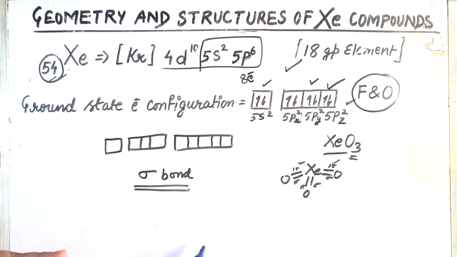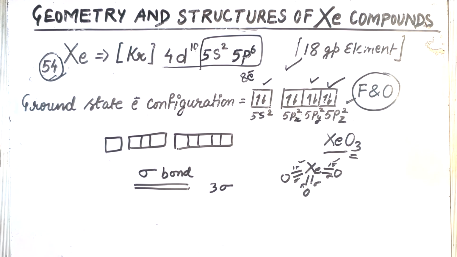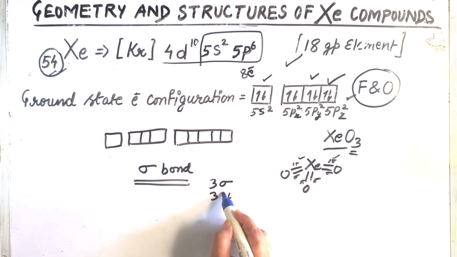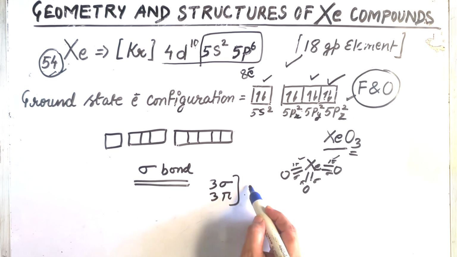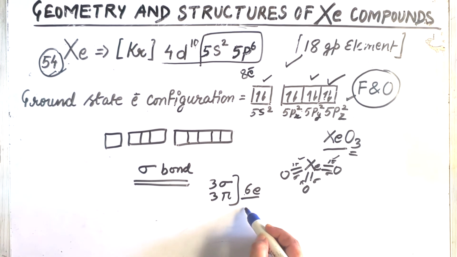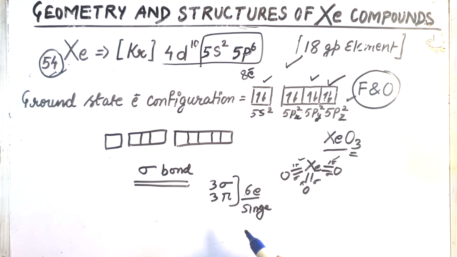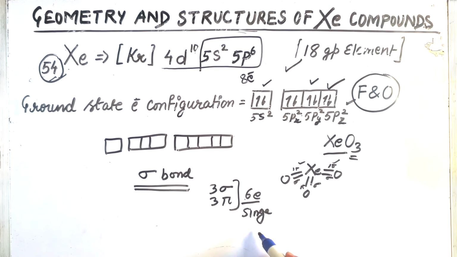So count the sigma bonds here. How many sigma bonds are there? I have 3 sigma bonds in this compound. And how many pi bonds will be there? 3 pi bonds will be there in this compound. Now we need 3 plus 3, that is 6 electrons, singly occupied, so that every oxygen can make both sigma and pi bonds.